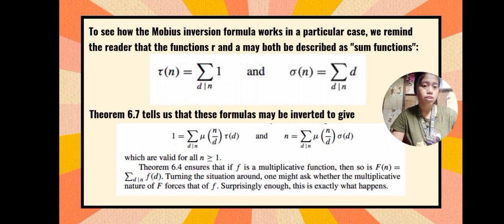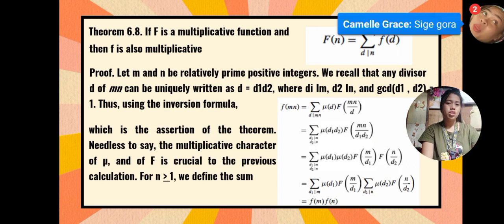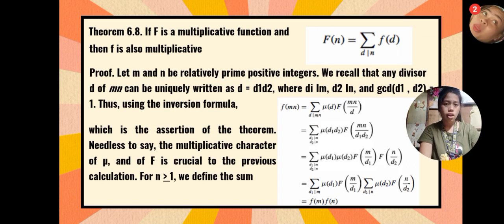Turning the situation around, one might ask whether the multiplicative nature of the capital letter F forces that of small letter f. Surprisingly enough, this is exactly what happens: if capital F is a multiplicative function, and F(n) is the summation of f(d) such that d divides n, then small f is also multiplicative.